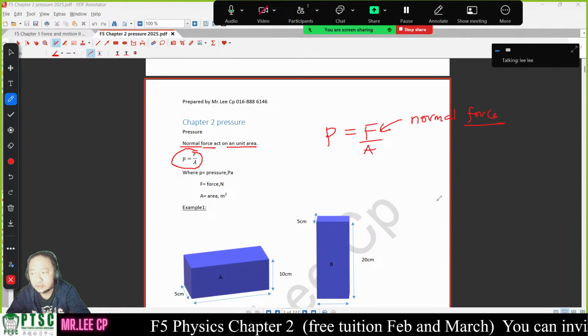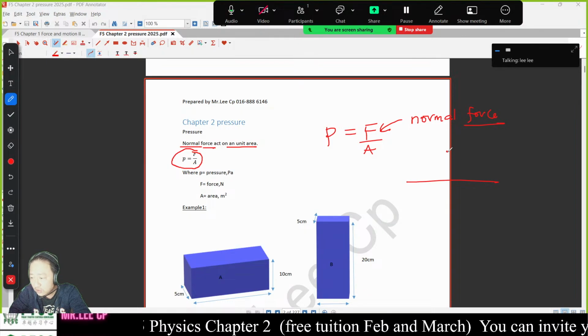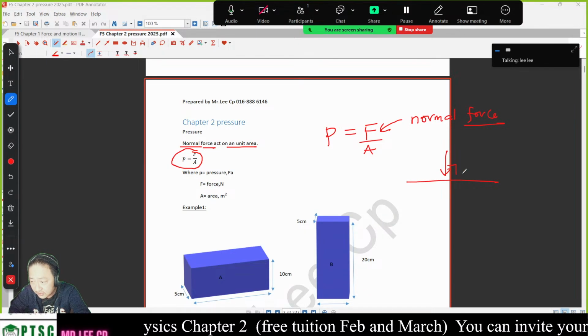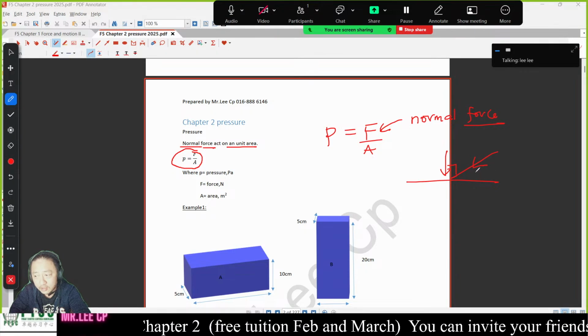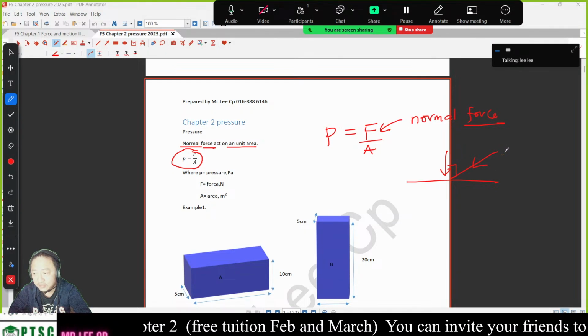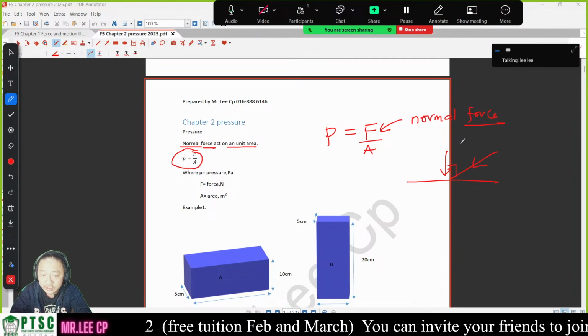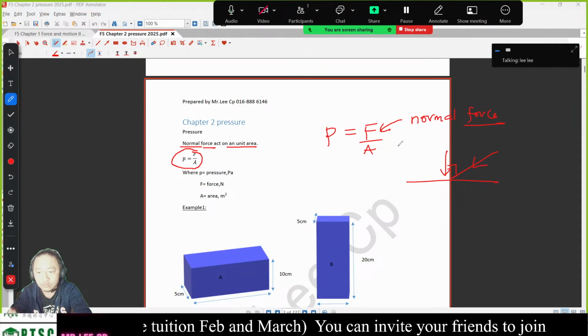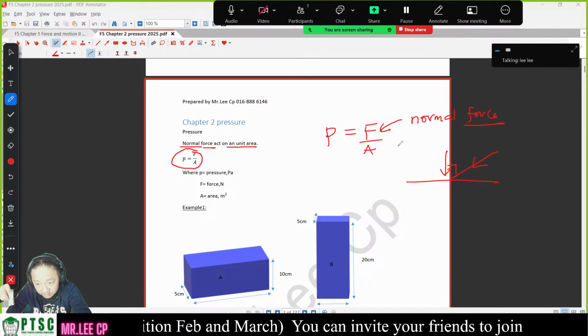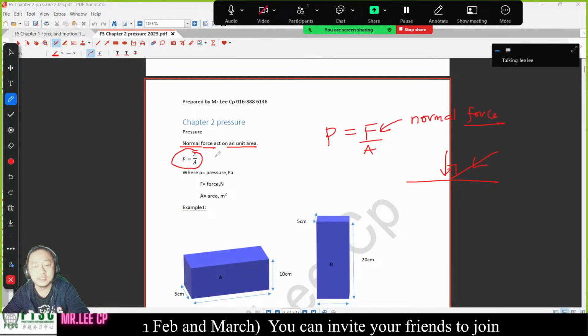So what does it mean by normal force? Normal force must be like this, 90 degree. Cannot be like that. If the force is like that, you have to resolve it, right? Cos it or sin it to get the 90 degree downward component. Okay? That is the force applied.